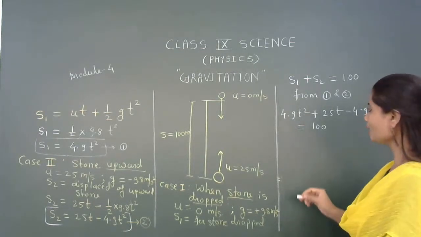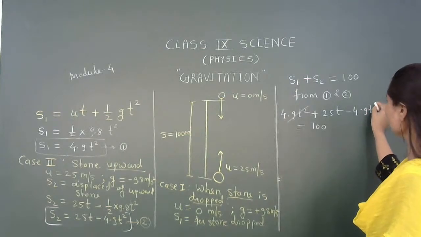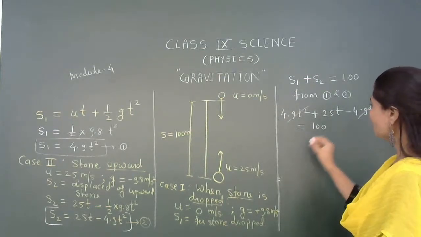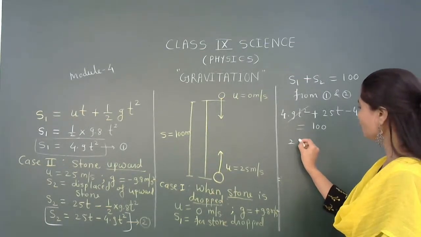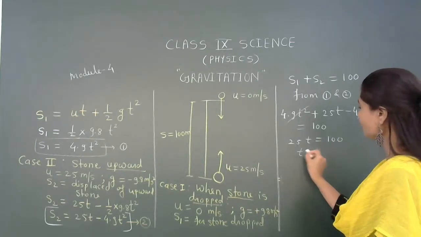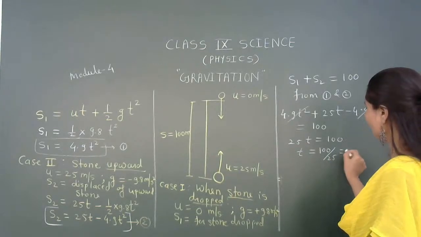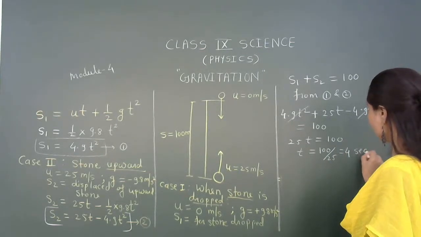So what we will get now? 4.9 t square plus minus 4.9 t square cancel out, and 25t is equivalent to 100, means t is 100 by 25, which is equivalent to 4 seconds.